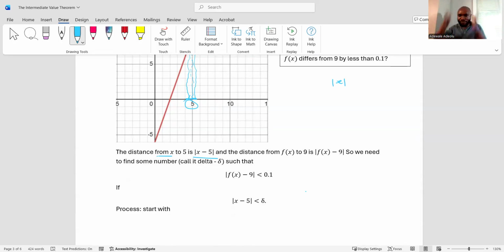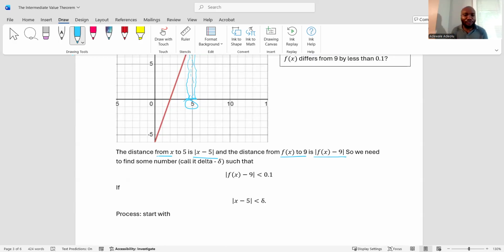That is why I'm considering the absolute value, to take care of both. And you do know how we compute distance. So the absolute value of x minus 5 is the distance, and the distance from f of x to 9 is the absolute value of f of x minus 9.